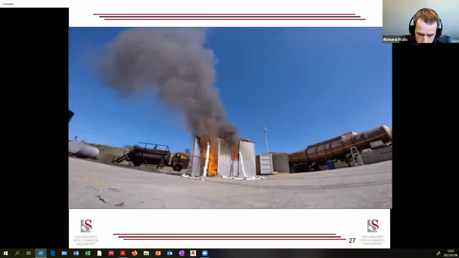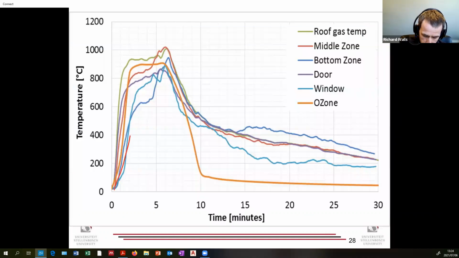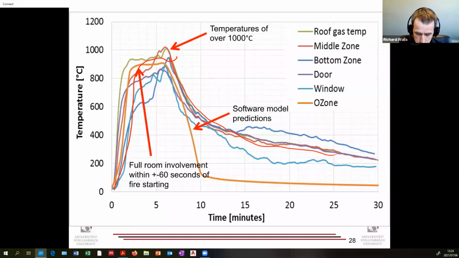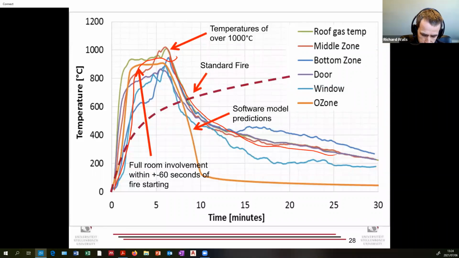And so these graphs are actually the temperature. And then we simulated that with software, but within about 60 seconds, you got to flashover. Within 60 seconds, the entire room was on fire. And temperatures over 1000 degrees Celsius, there was a software prediction model. The standard fire is different.